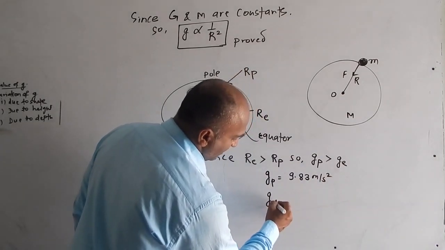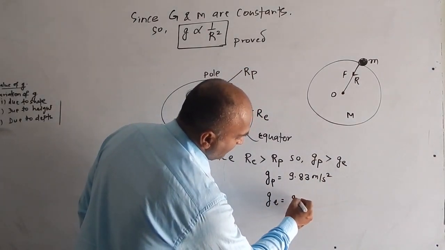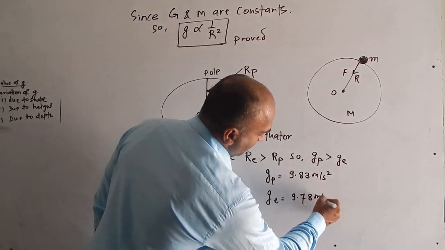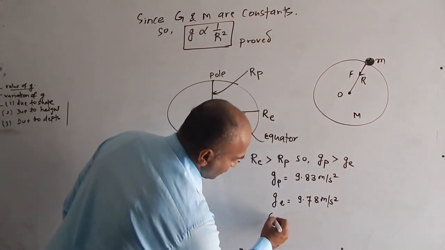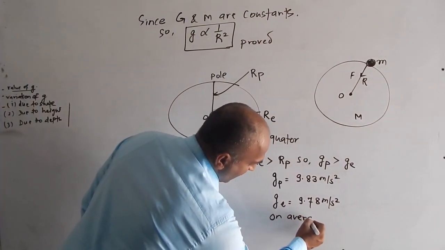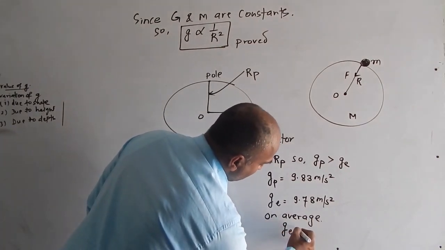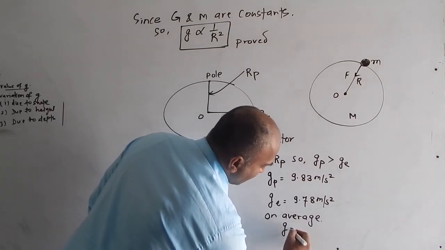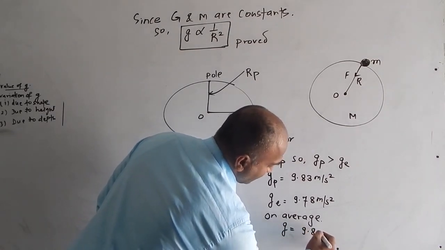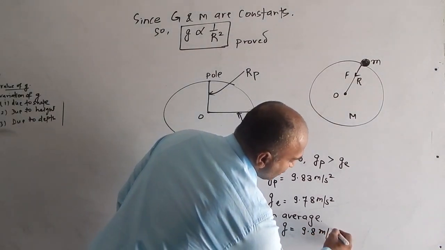Similarly, at the equatorial region it is 9.78 meter per square second. On average, the value of acceleration due to gravity is taken to be g on the Earth, equal to 9.8 meter per square second.